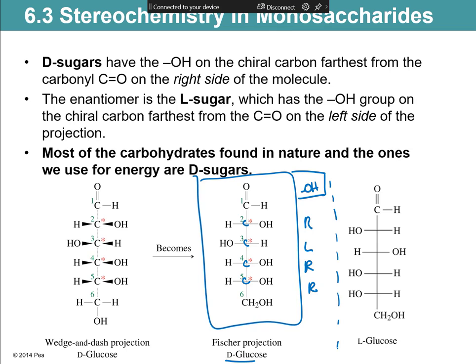Enzymes have evolved so that they are specific to one kind of sugar. Having the mirror image would mean you'd have to have two enzymes, one enzyme and the mirror image enzyme, to interact with both. So in nature one specific type evolved, because one was more successful than the other. But that's D-glucose, and that's really the only one that you should be able to identify.